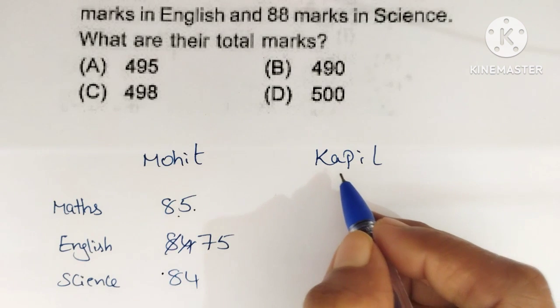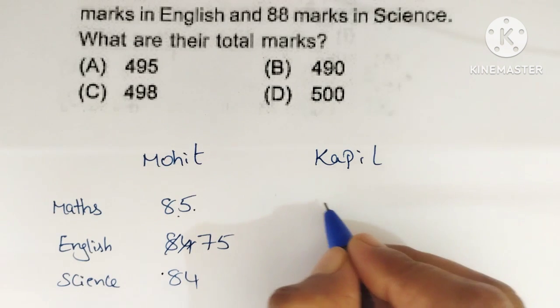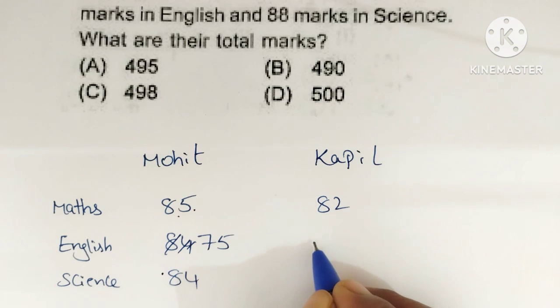Here Kapil got 82 in maths, 84 in English and 88 in science.